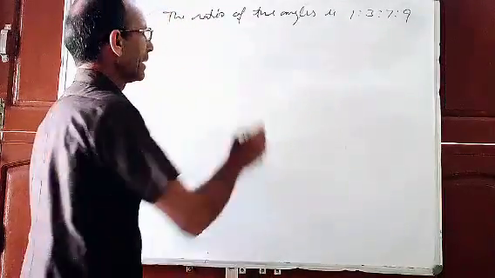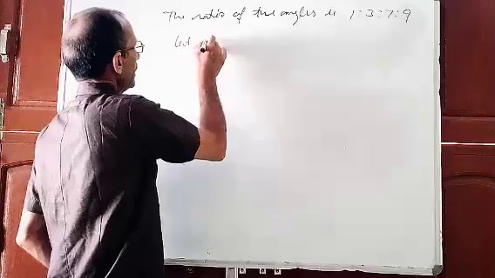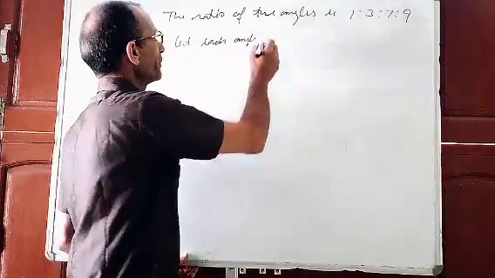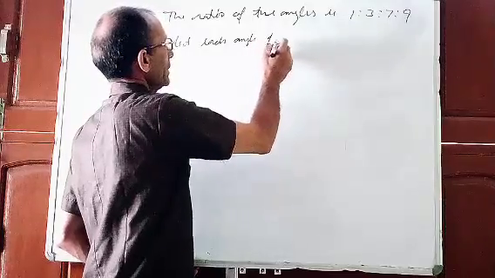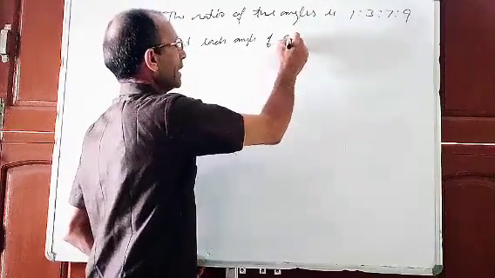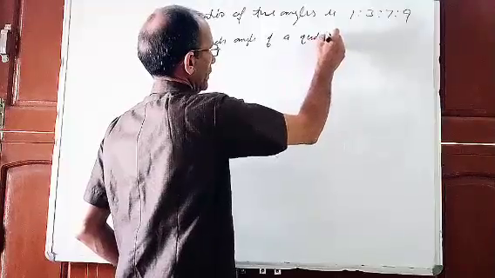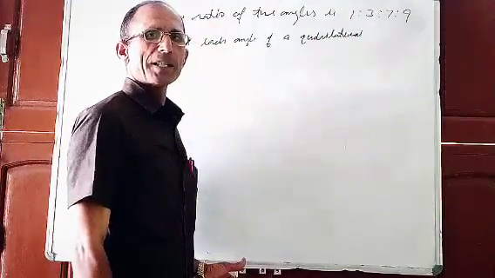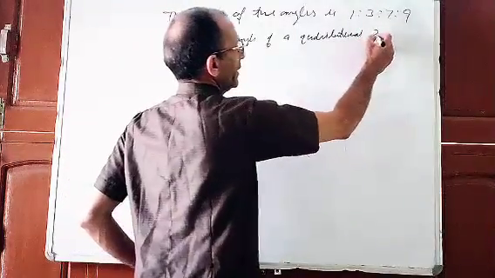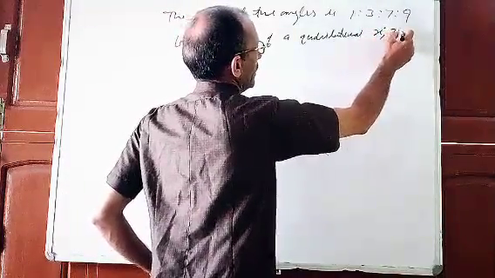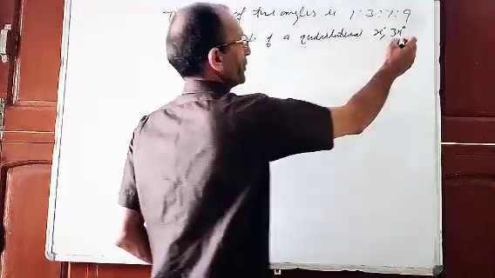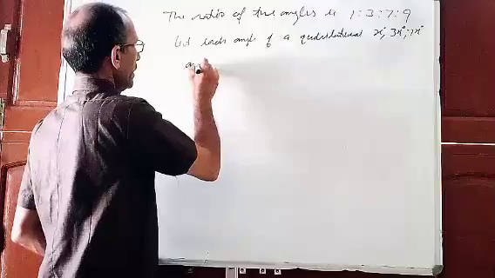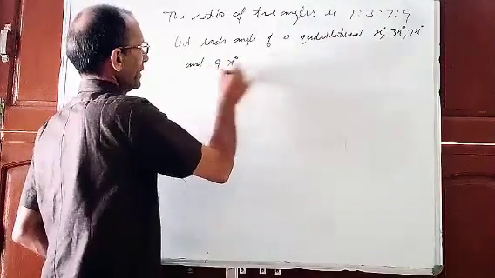So let each angle of the quadrilateral be x degree, 3x degree, 7x degree and 9x degree.